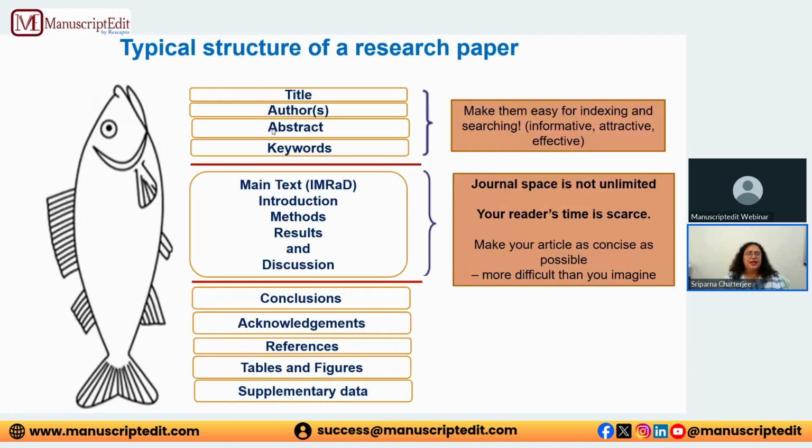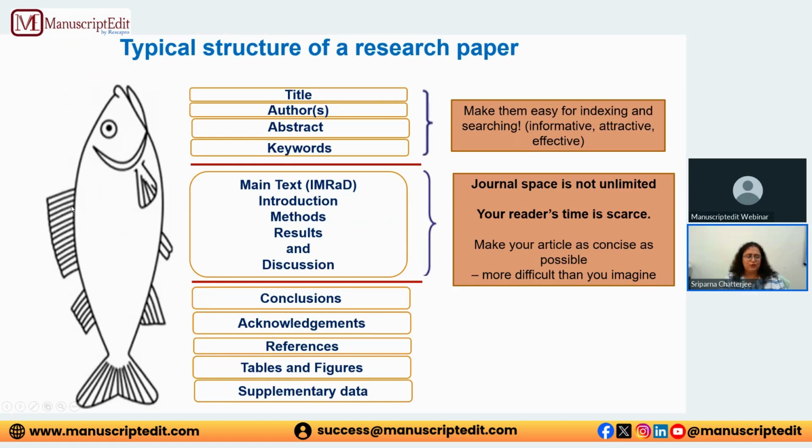So what should be the typical structure of a research paper? It should be like the body of a fish, very streamlined. Your title, author, abstract, and keywords slowly increase.